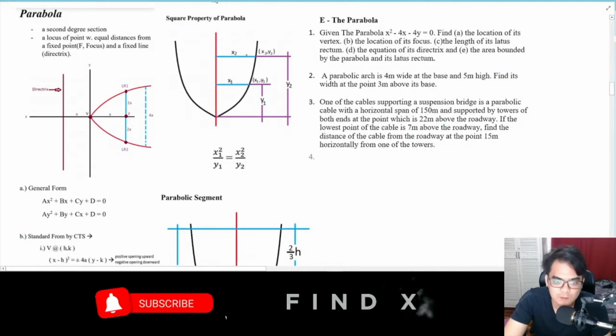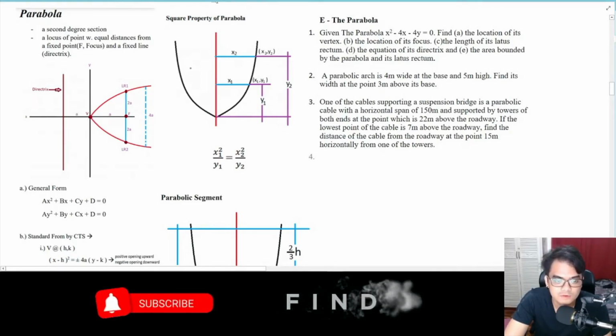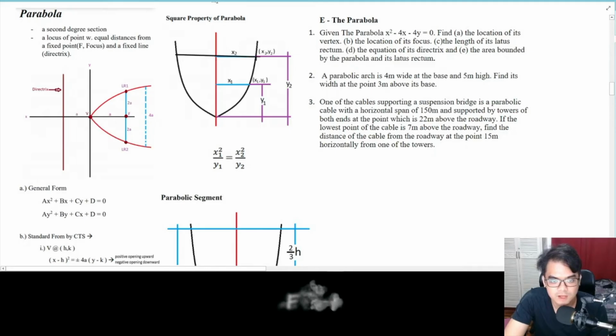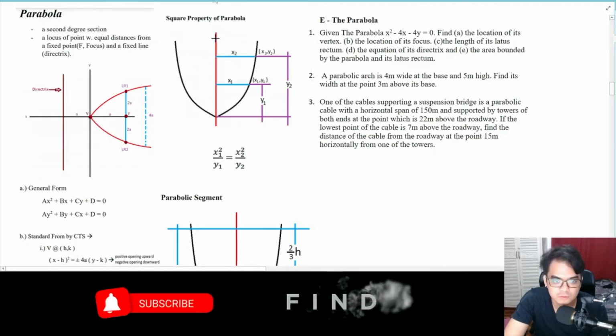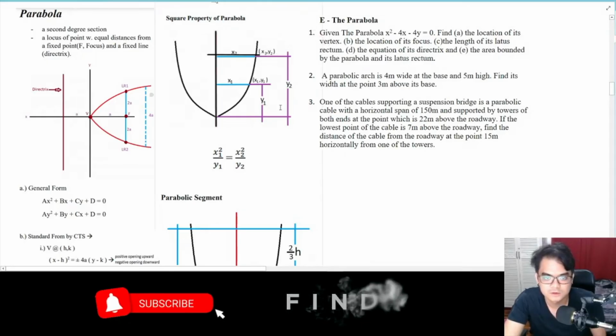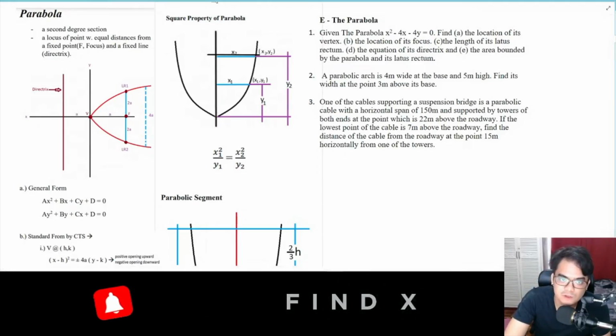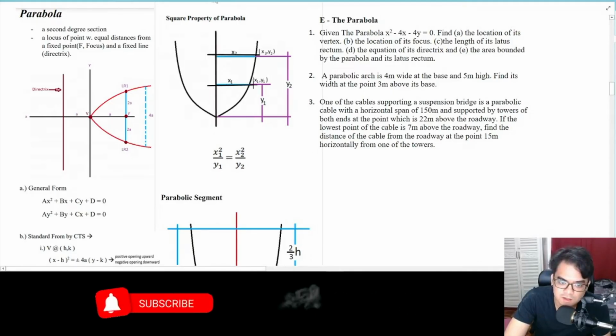And we have the square property of parabola. Let's say that this is a parabola and we cut it somewhere here. We'll cut it in half first, and then we can have another cut here.